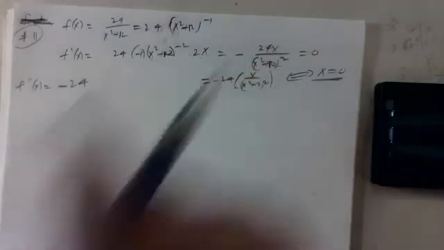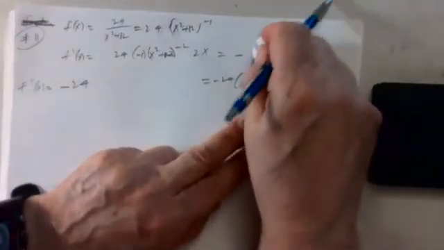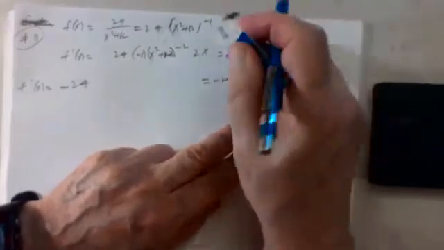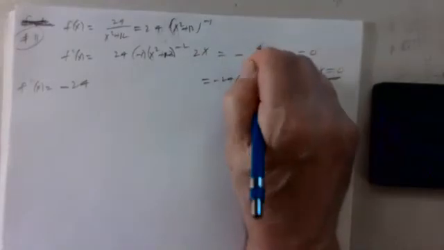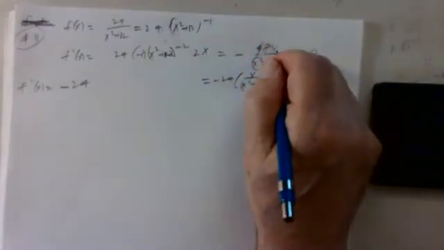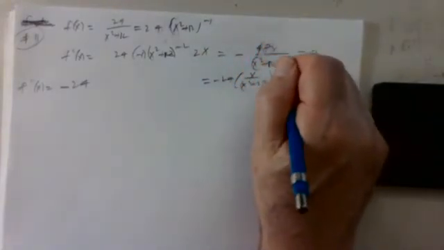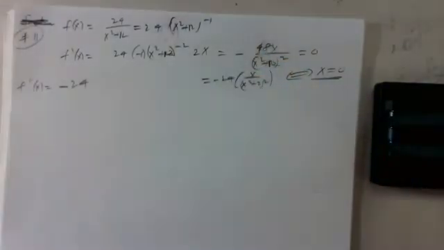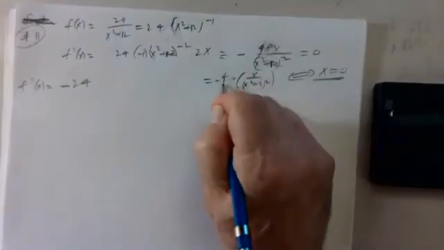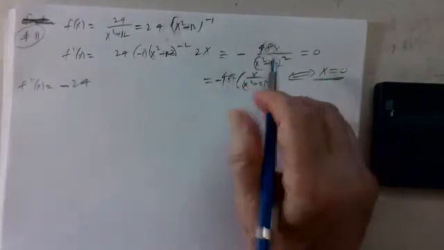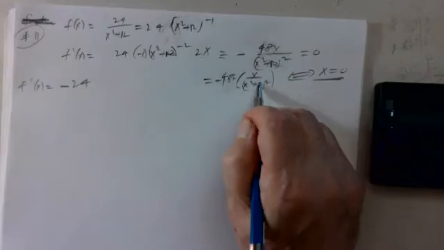Oops, again, I have to do my arithmetic correctly. 2 times 24 is 48, minus 48x over x squared plus 12 squared, or minus 48 times x over x squared plus 12 squared.